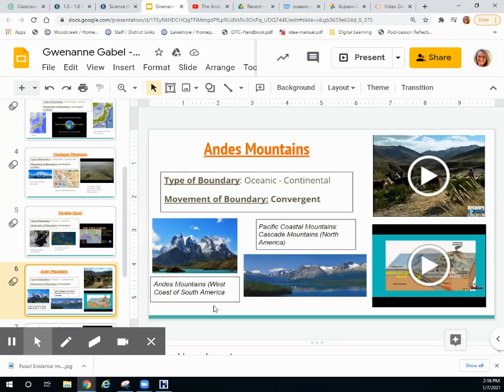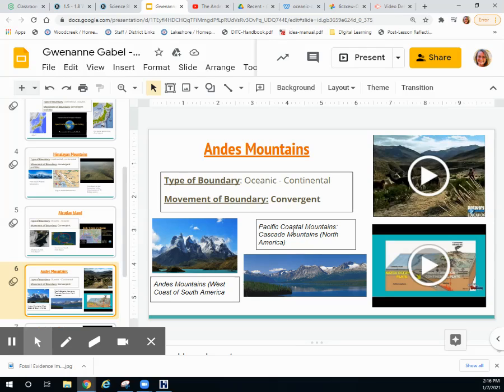Right here you have a picture of the Andes Mountains with their very sharp, jagged peaks and edges on the coast of South America. Another example I was able to find are coastal mountains found along the North American coast, from Northern California all the way up through Alaska and Canada.